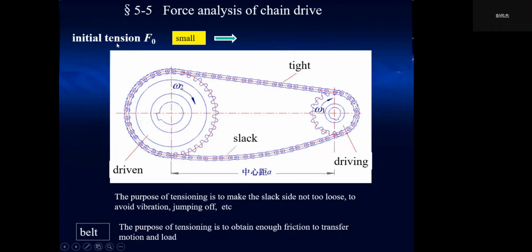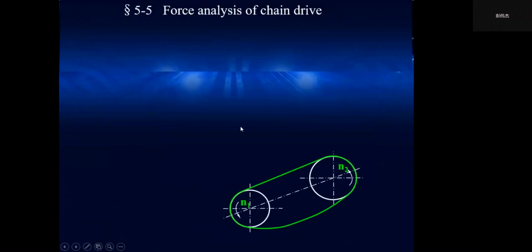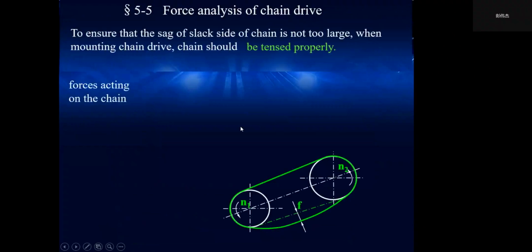And the initial tension F0 is smaller for chain drive, to ensure that the sag of the slack side is not too large. f is the sag of the slack side.